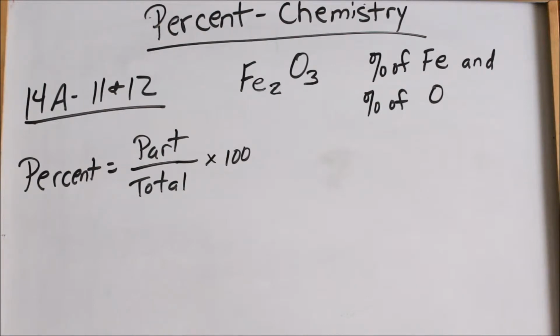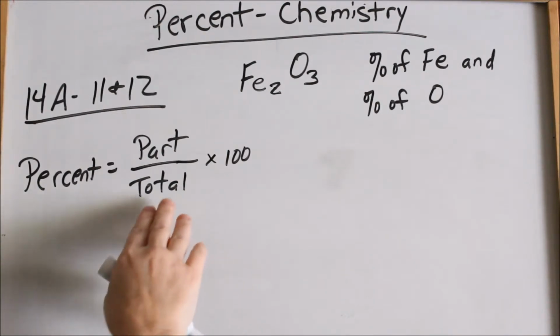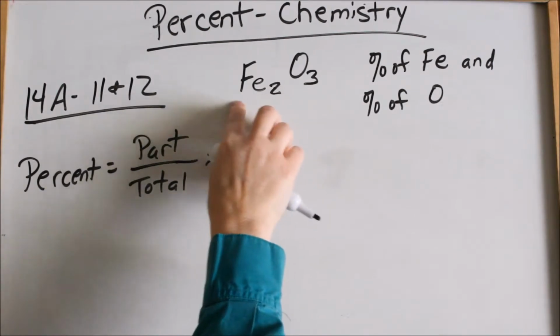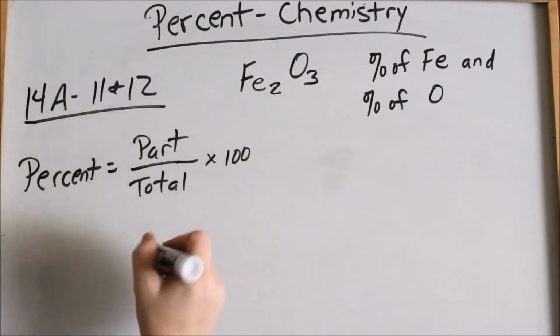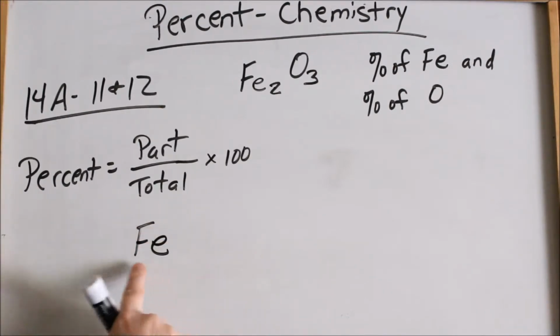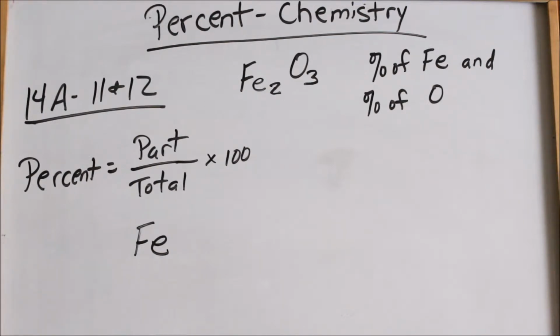So here's how we do this. Because if we want the part of the total, then we need to look at each part, and then we need to look at the total compound. So let's just look at iron. We are told that we have 2 irons. So the first thing you have to do is go to the periodic table and look at the atomic weight for iron. I'm using the numbers in the book. They have rounded them.